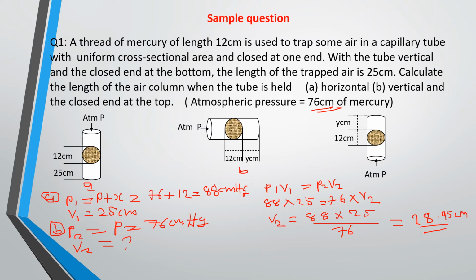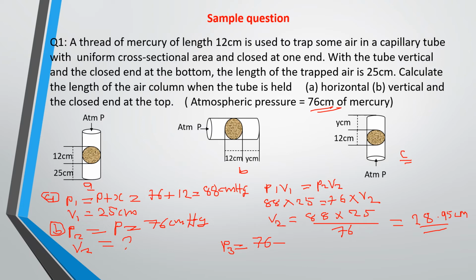Now, when the tube is vertical with the closed end at the top, that is condition C. So we already know our P1 V1. What we are going to look for now is our P3 and V3 in this particular instance. So your P3, when the tube is vertical or inverted, we said that pressure is equal to atmospheric pressure minus the pressure due to the length of mercury.